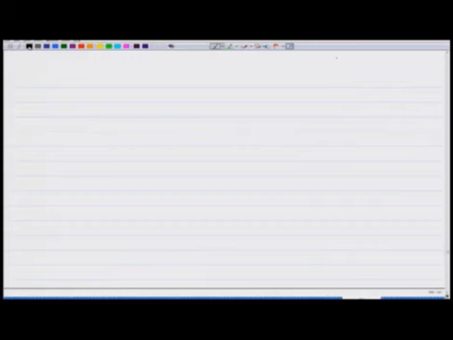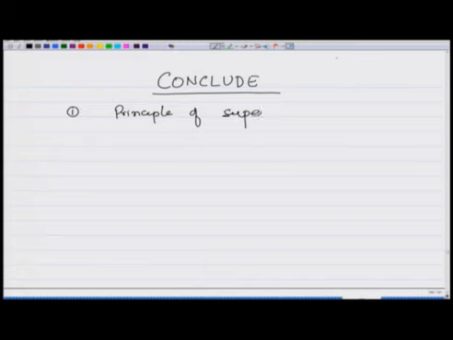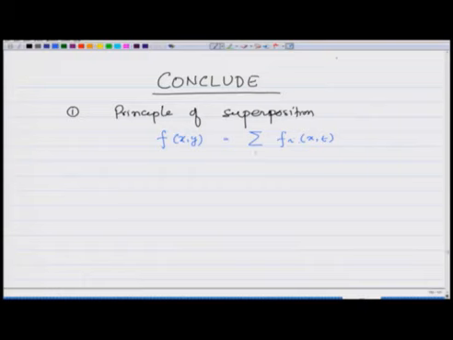So, let me conclude this lecture by summarizing what all we have learnt. We learnt about the principle of superposition, that said that displacement at any point is the sum of displacements due to individual waves arriving there.